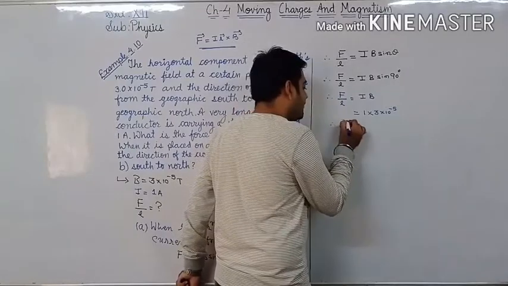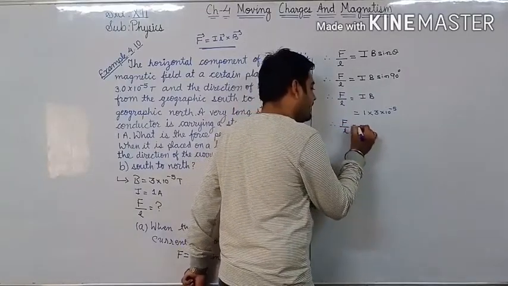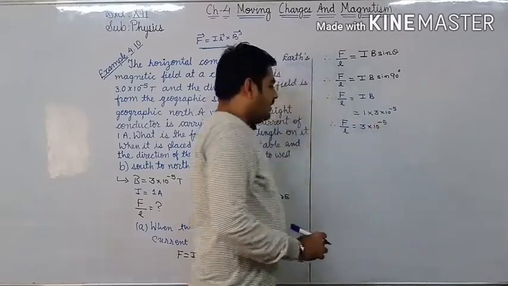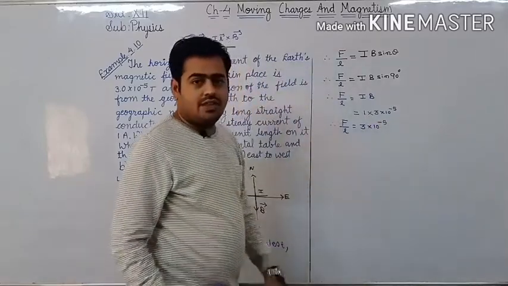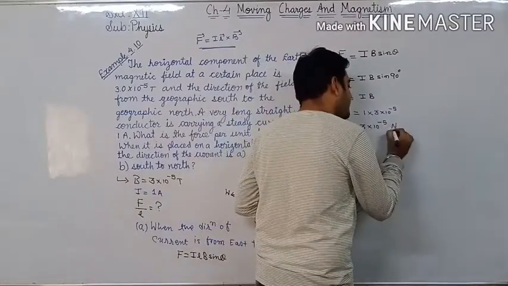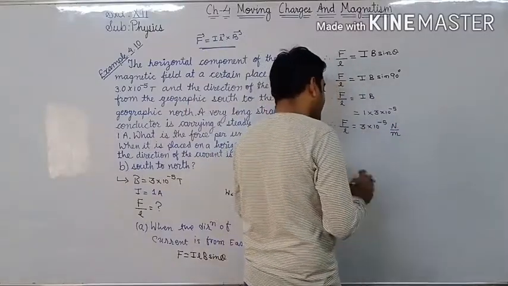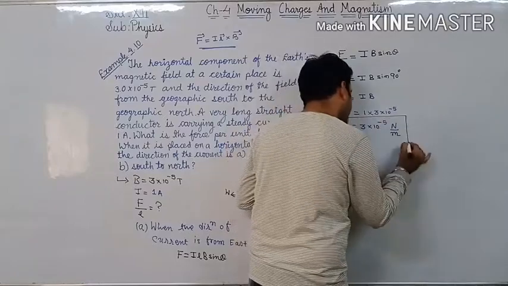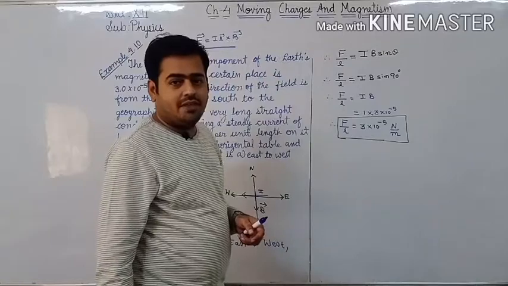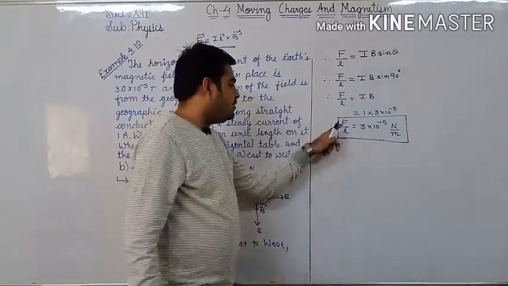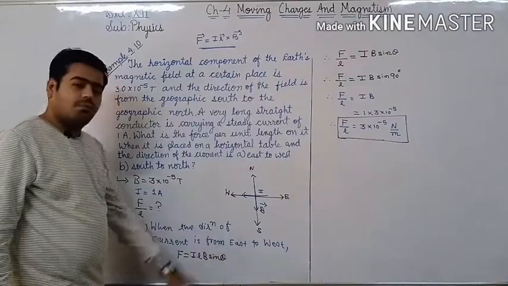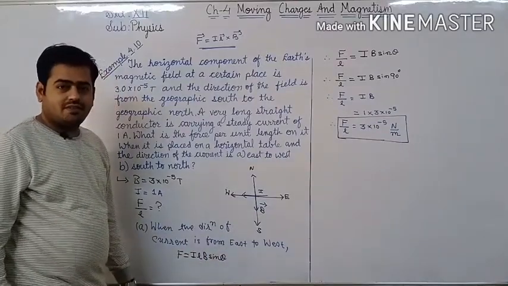Therefore force per unit length is 3 into 10 raised to minus 5. What is the unit of force? That is Newton. What is the unit of length? Meter. So this is the force per unit length, 3 into 10 raised to minus 5 Newton per meter, when the direction of current is from east to west.